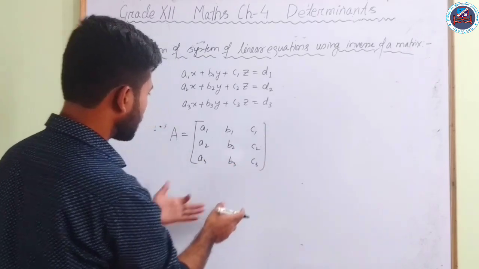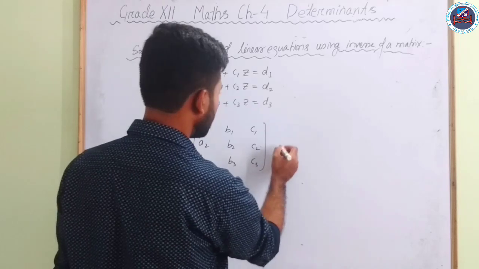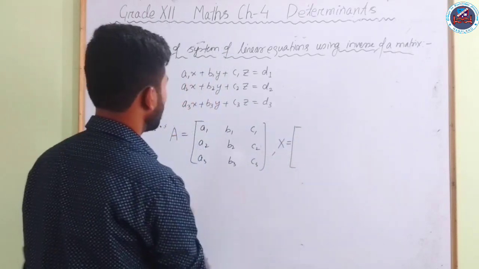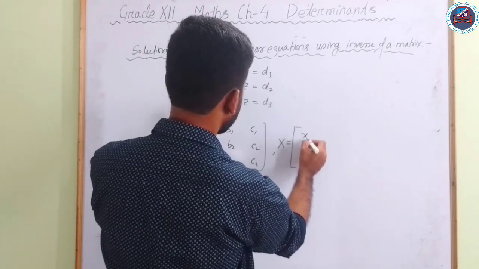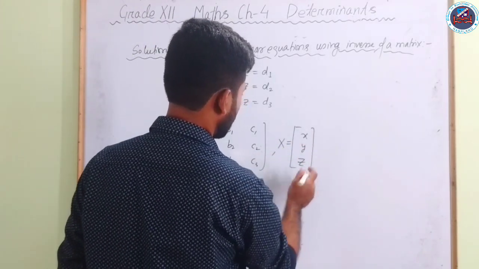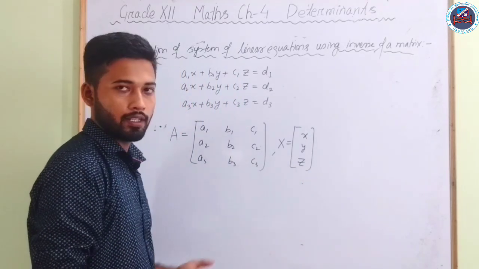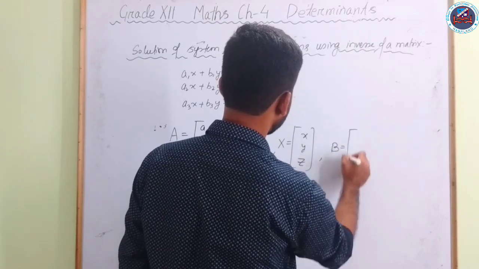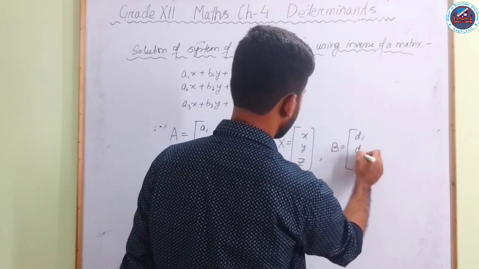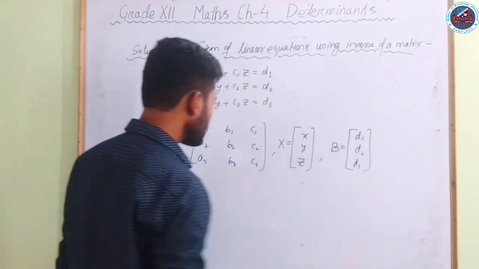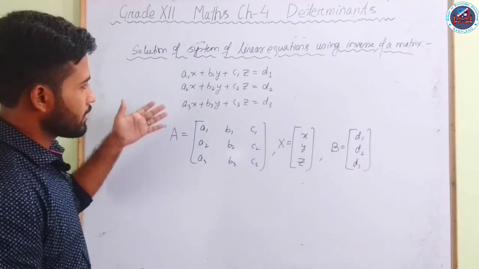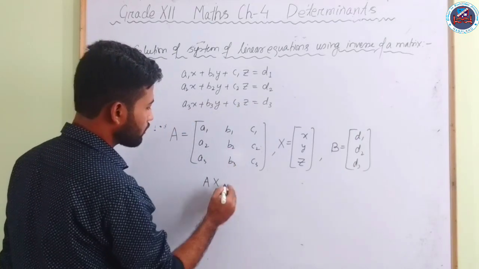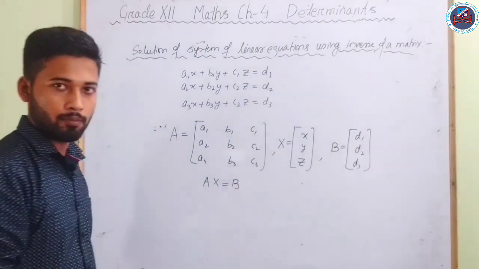And the variables as X, which will be x, y, z, for which we want to find the solution. And what is our B? It will be the constants d1, d2, d3. Now if I want to reduce this system to a different form, it will look like AX equal to B in the matrix form.